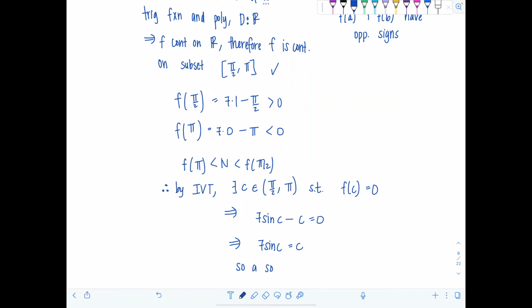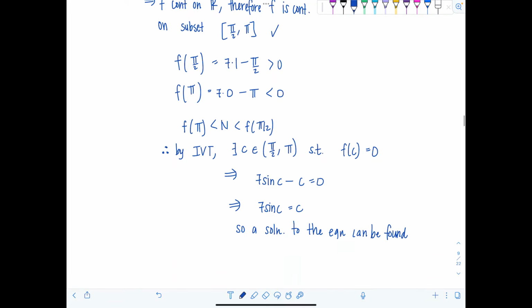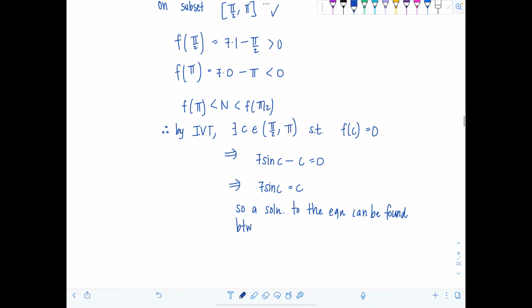So a solution to the equation can be found between pi over 2 and pi. Voila.